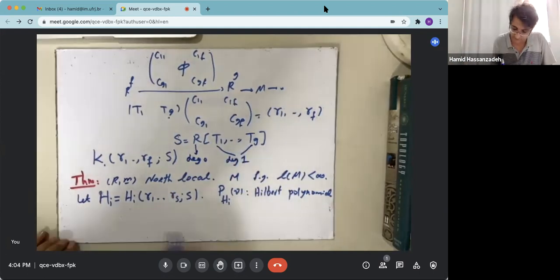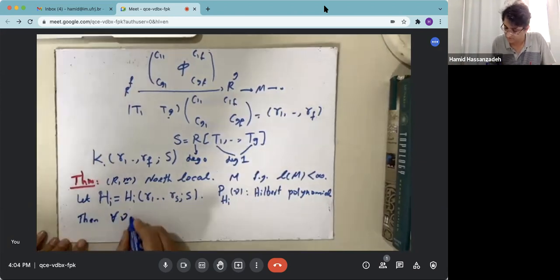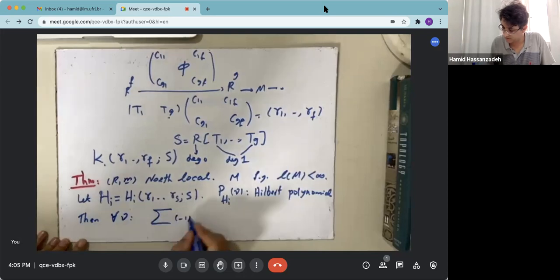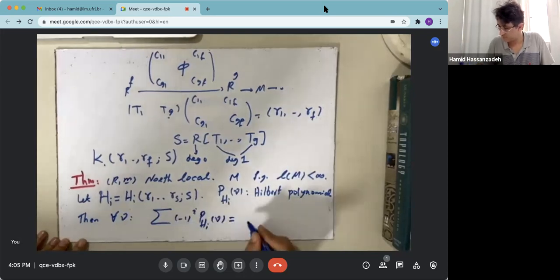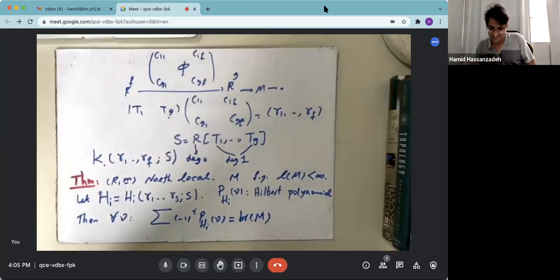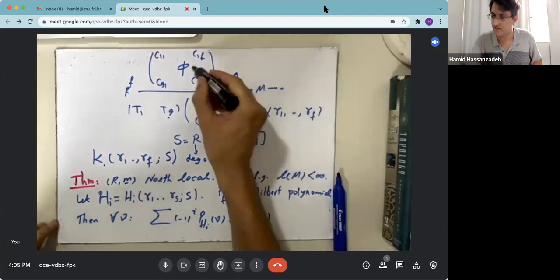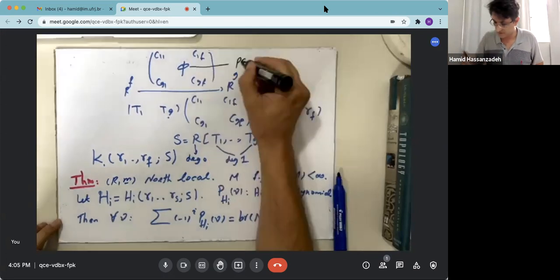Then we prove that for any v, the sum of (-1)^i times these polynomials is the Buchsbaum-Rim multiplicity. I just have to add one detail here, that we assume this phi to be a parameter matrix. Otherwise, this sum is 0.